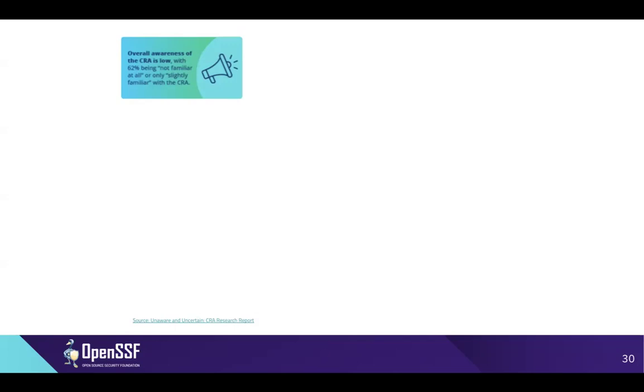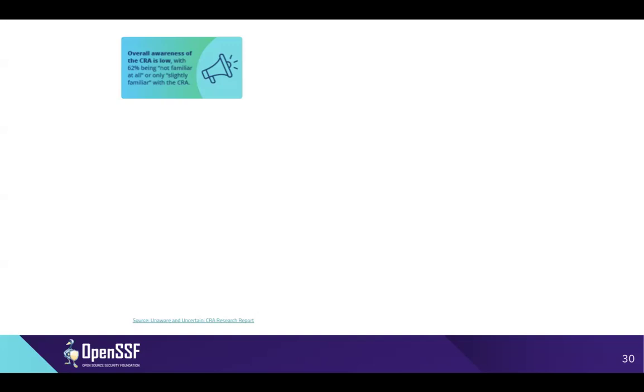And in that research, we saw in this tiny little box that 62% of people surveyed said they were either not familiar at all or only slightly familiar with the CRA. This survey went out at the beginning of this year, so that's pretty alarming given that product life cycles are going to have changes that need to be implemented now in order to make that 2027 deadline. So that gave us a lot of work to do.